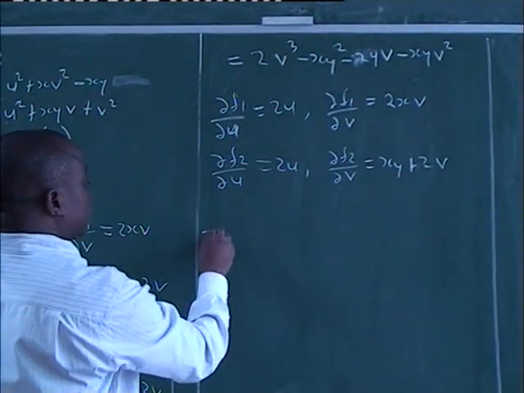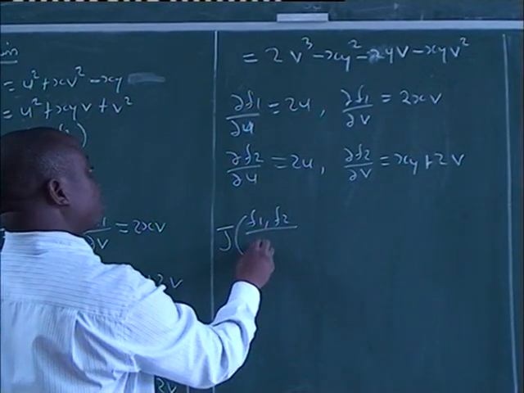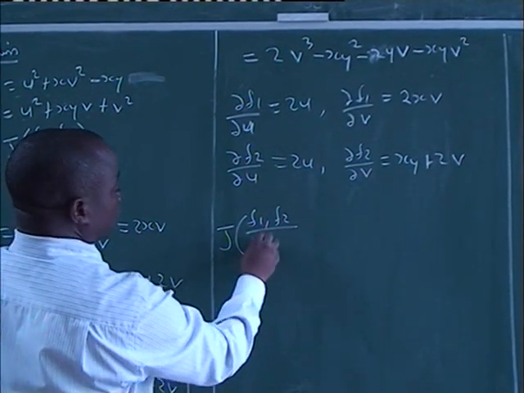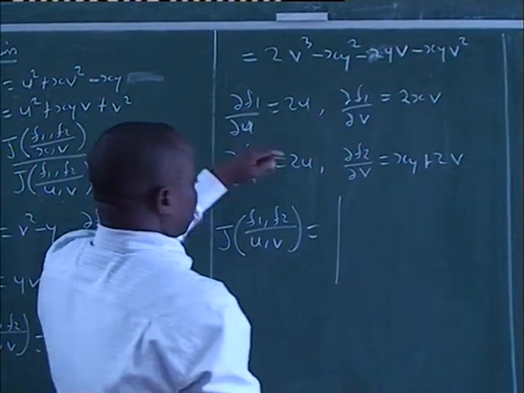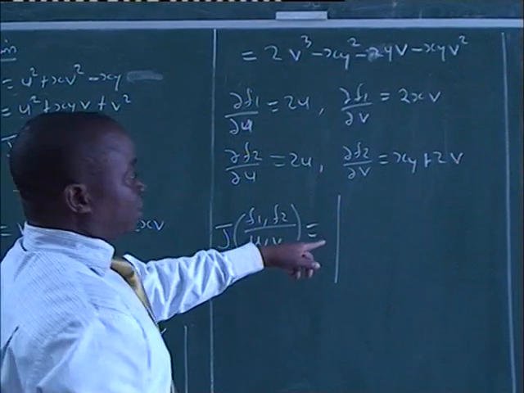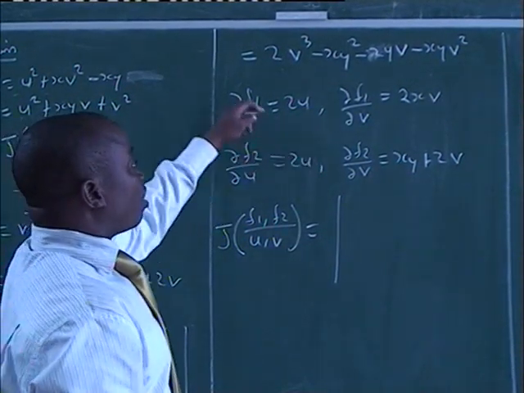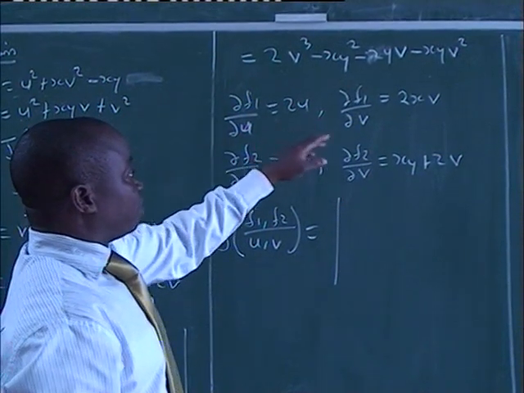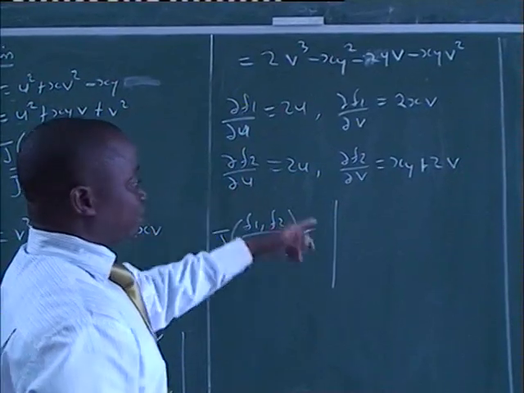So the Jacobian of f1, f2 over uv will now become the second order determinant of the first derivative of f1 with respect to u and v, and f2 with respect to u and v.